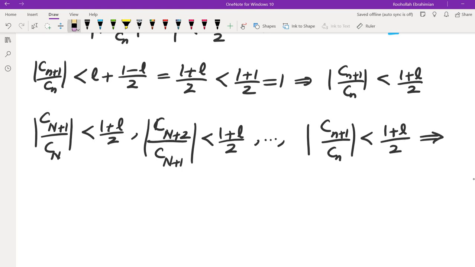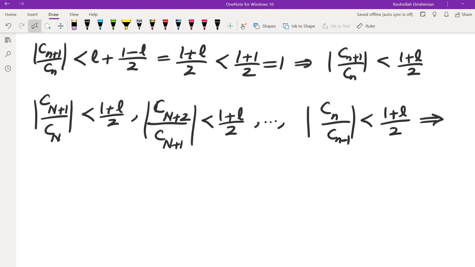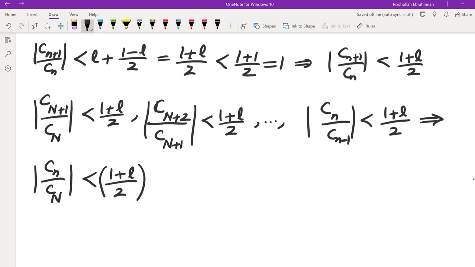or perhaps the one right before that, what you end up getting, after multiplying these fractions, is C capital N from the first one and Cn from the last one. This would be less than (1 plus L) over 2 raised to the power of n minus N, since there are n minus N terms here.